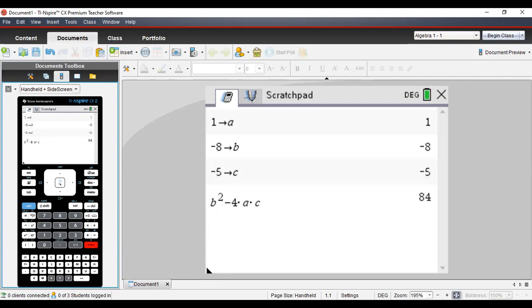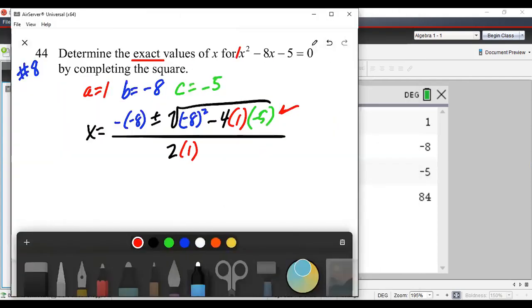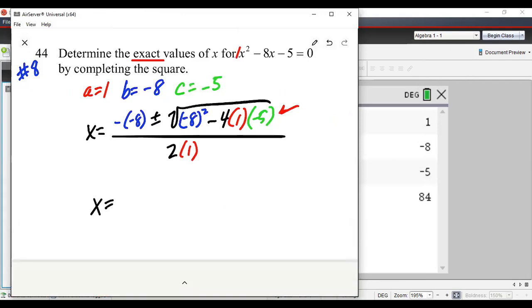So let's show you how you would write the solution. Let me move this over. Now x is equal to a negative and a negative, so this is going to be +8 plus or minus the square root of what I calculated, 84.